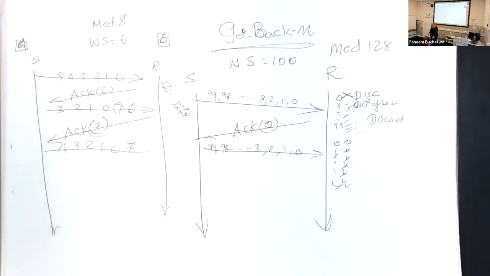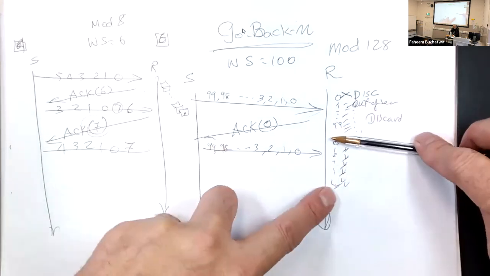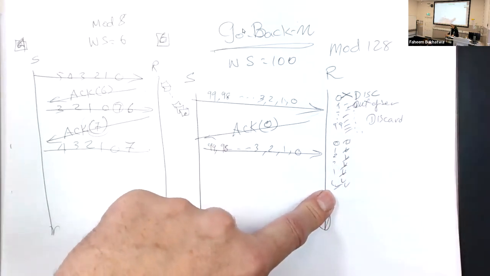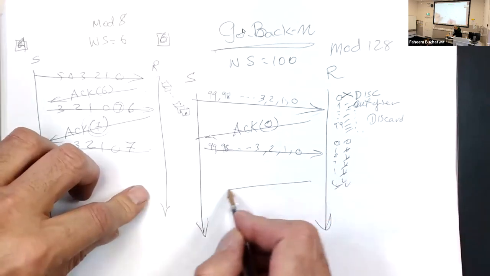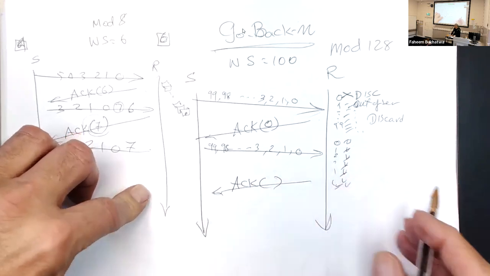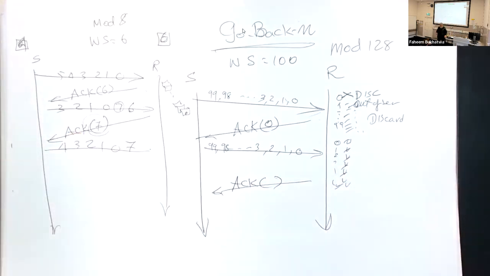What does the receiver do now? We've received all 100 frames. We check them. They're all perfect. We sent them to our user. What do we do next? Send an acknowledgement. You have to tell the sender, now all these frames are good. What's the acknowledgement number we send? 100. Why 100?